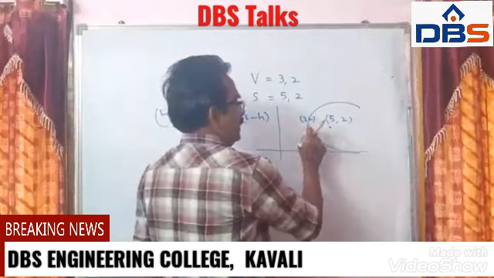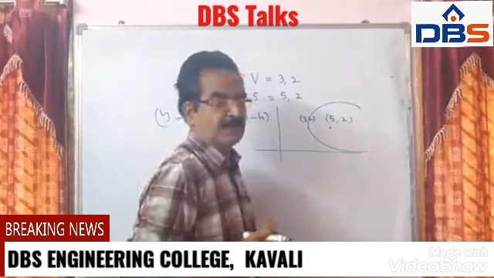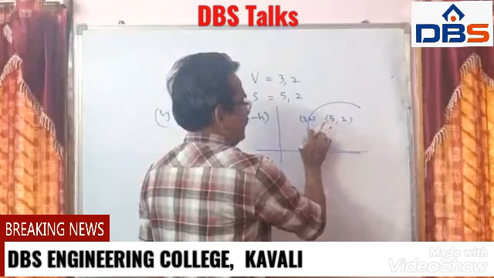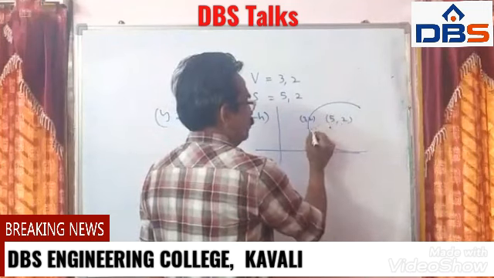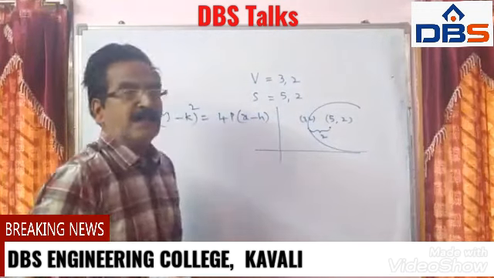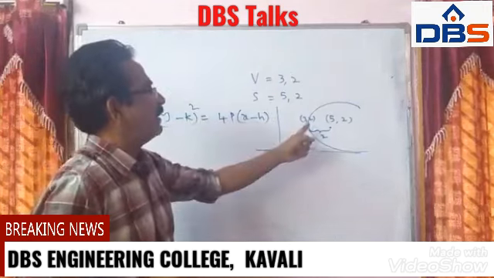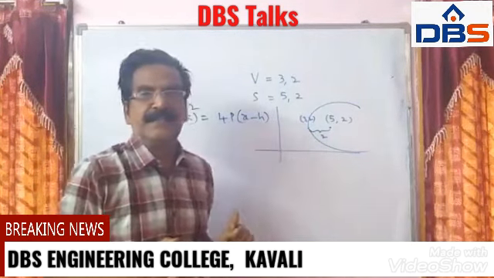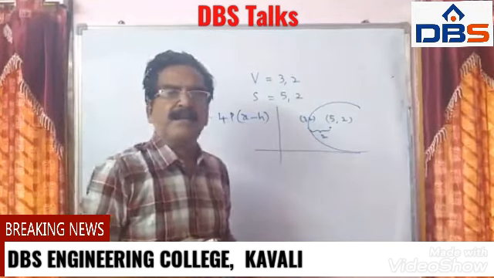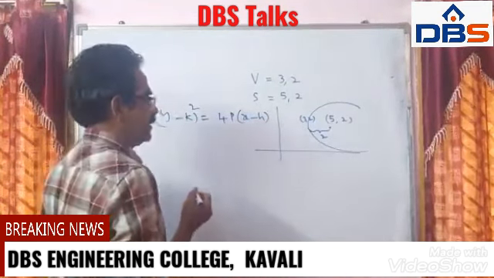And p is the distance between these 2 points. The distance between these 2 points is 5 minus 3, that is 2. So here p is equal to 2 and vertex is given, that is 3, 2. So simply, y minus k whole square is equal to 4p into x minus h.